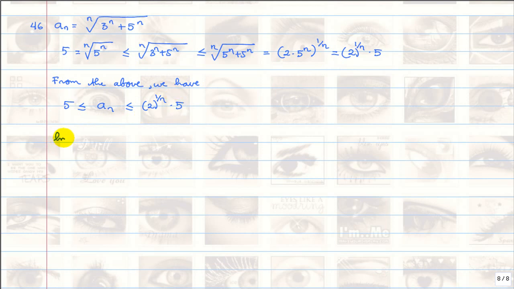So we need to compute the limit of the left sequence. Because it is a constant sequence, the limit is 5.